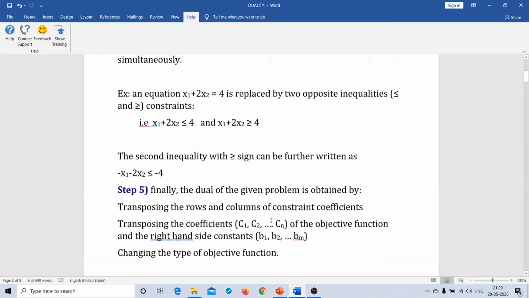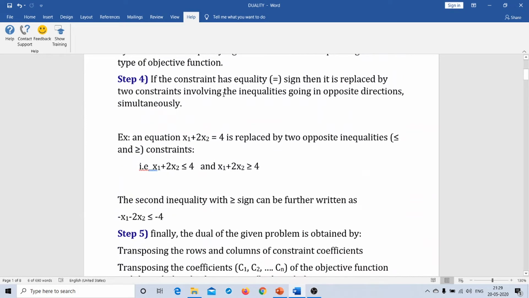Now the step says: if the constraint has an equality sign, then it should be replaced by two constraints involving inequalities going in opposite directions. Means what? If you have something like this equal to 4, then it will be replaced by two opposite inequalities. Which are those two opposite inequalities?